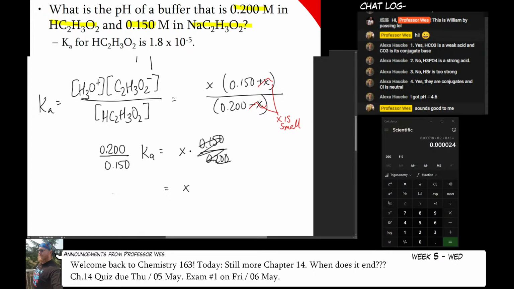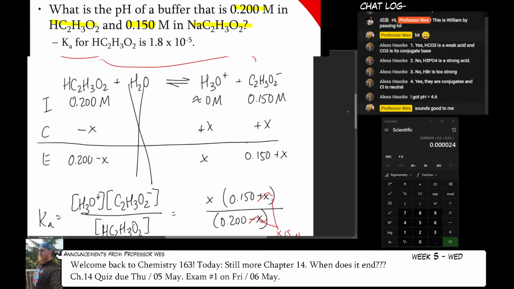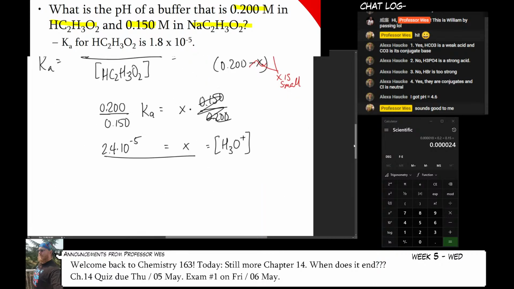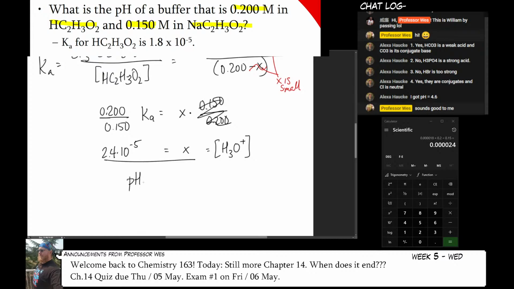And we said above here that H3O plus was what X was. So the pH must be minus log of this number.